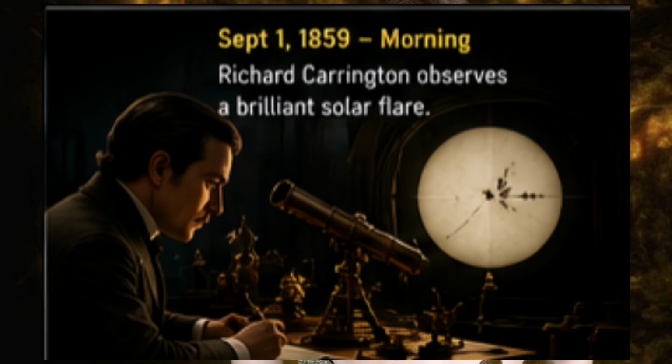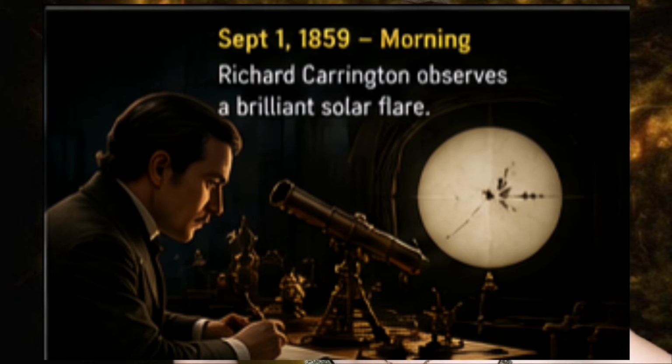On September 1, 1859, a British astronomer, Richard Carrington, was observing the sun with his telescope when he saw an incredibly bright flare.